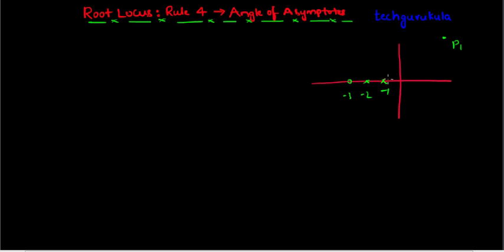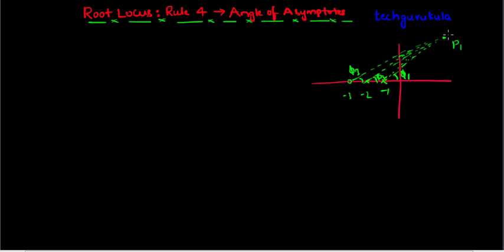Then if I draw lines from each and every pole and zero in this configuration, the angles made by these poles, say phi 1, phi 2, phi 3, will be approximately the same if this P1 is far away.